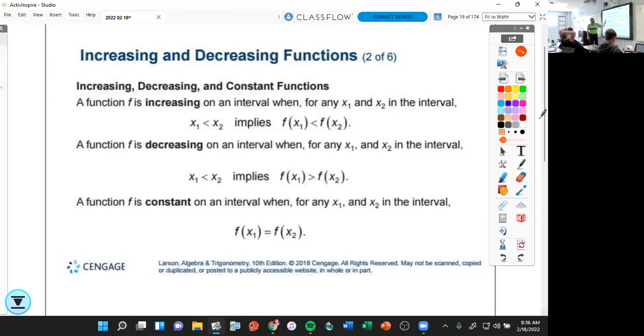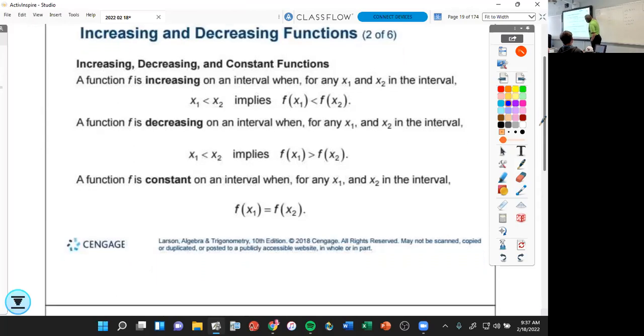So the value of f of x sub 1 has to be less than f of x sub 2. If it's decreasing, the opposite happens. And if they're constant, obviously, the two values have to be the same. Information like this is what makes algebra confusing to some people.